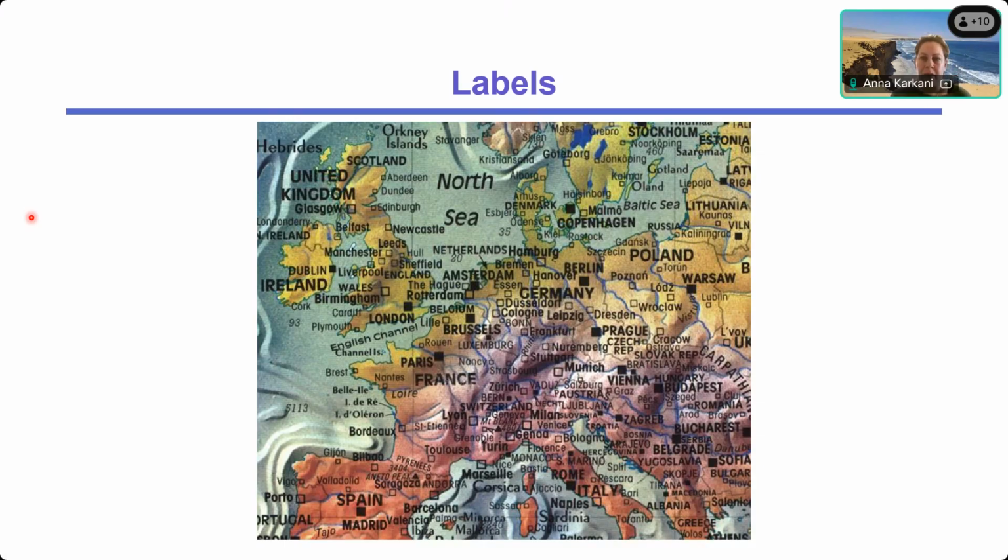Almost all maps have labels, even simpler maps. So we need to be able to design labels carefully in order to make our map readable, presentable, and all of those things that we discussed before.